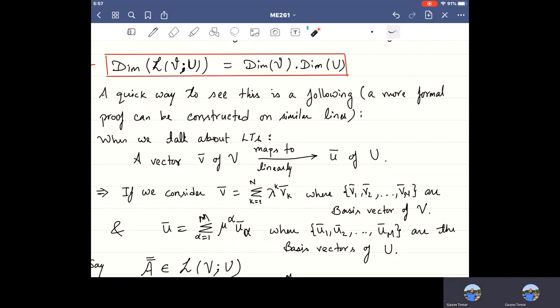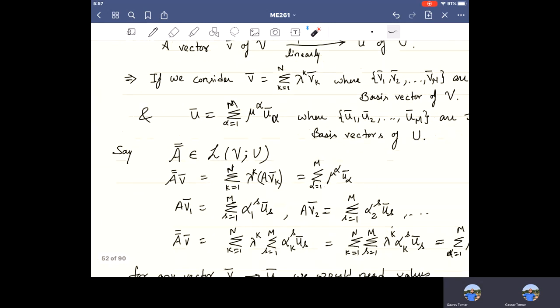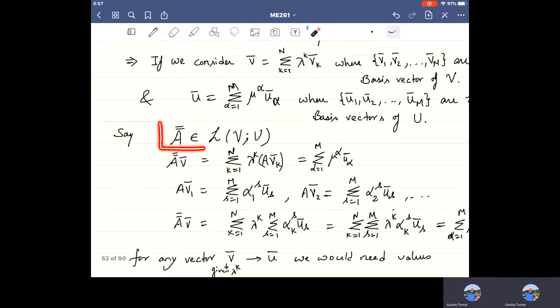Now let's say we take one linear transformation A, which belongs to that set of linear transformations. It's one of the elements of that set. Let's say we use that to transform V to U in this fashion. Since we can write V as a summation over k of lambda k Vk, we will use that definition here.